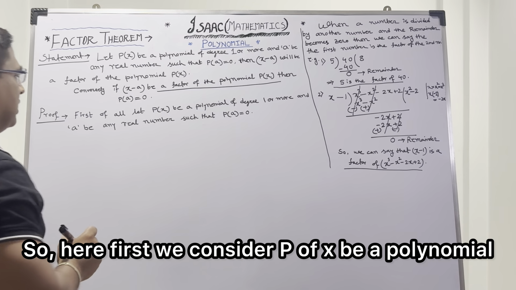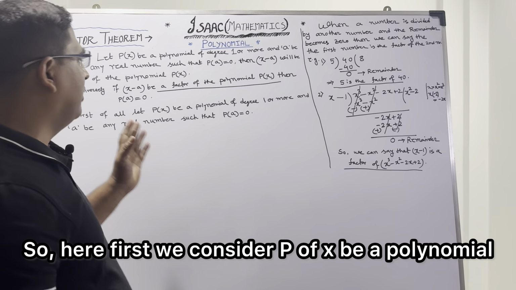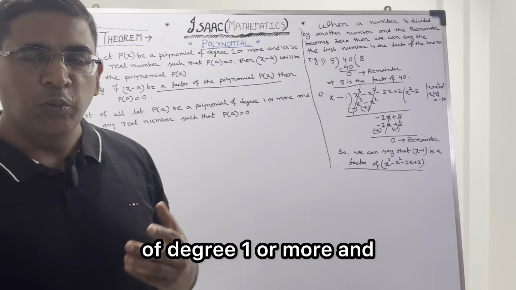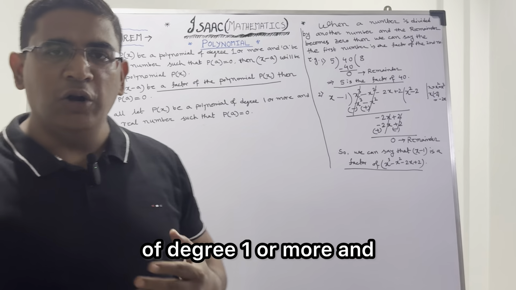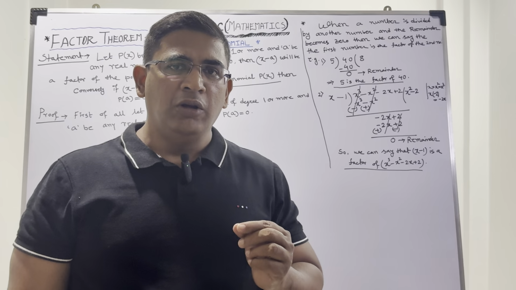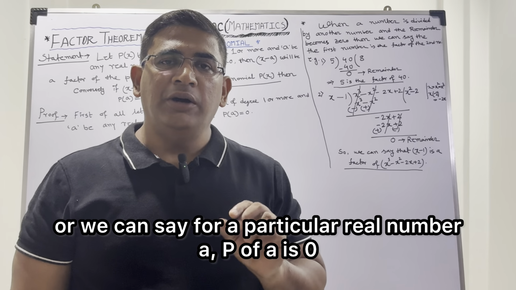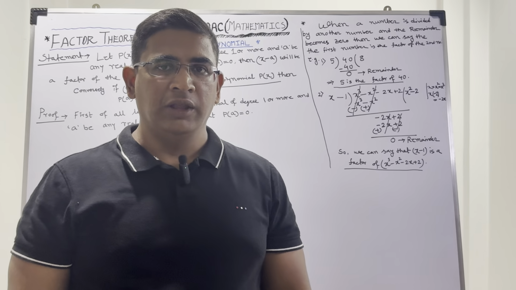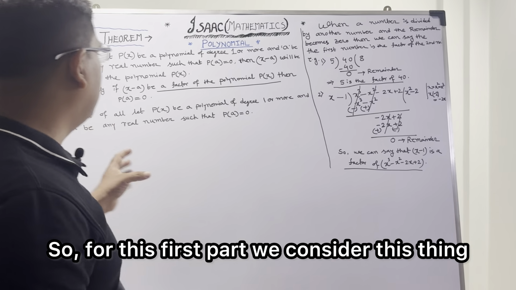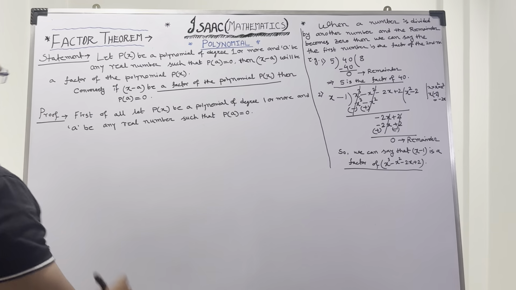Okay, so here first we consider P of x be a polynomial of degree 1 or more, and for any real number A, or we can say for a particular real number A, P of A is 0. Okay, so for this first part we consider this thing.